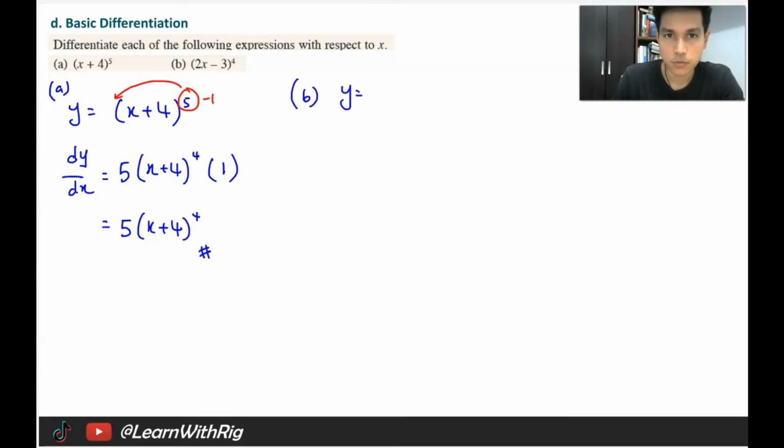This is your answer. Question B: y equals 2x minus 3 power 4. So dy/dx equals, same thing here, 4 multiply to the front, power minus 1. So you get 4 times 2x minus 3 power 3.